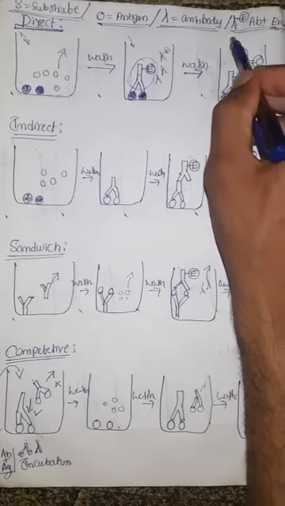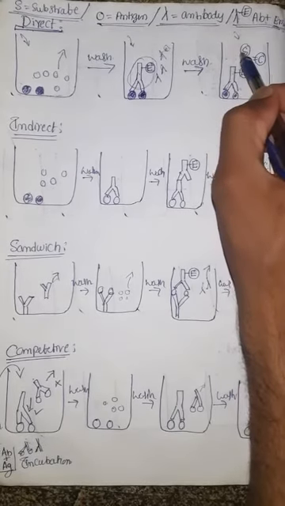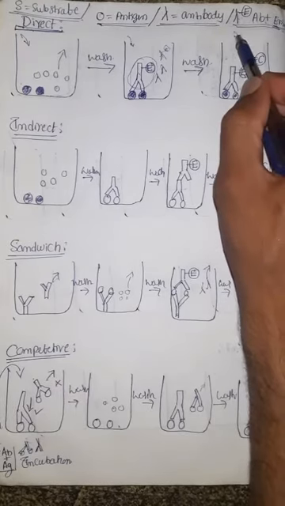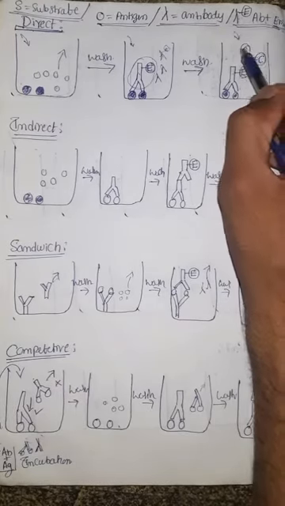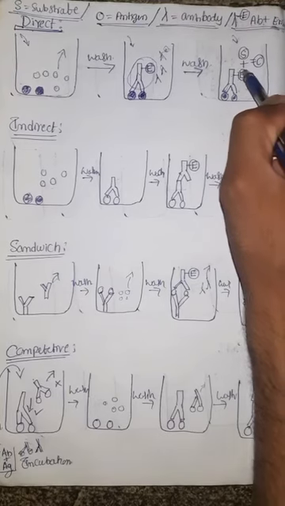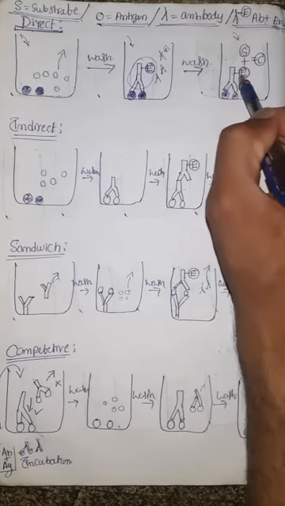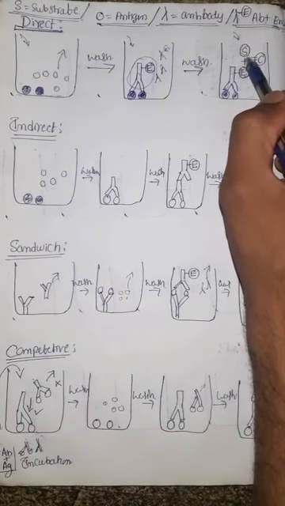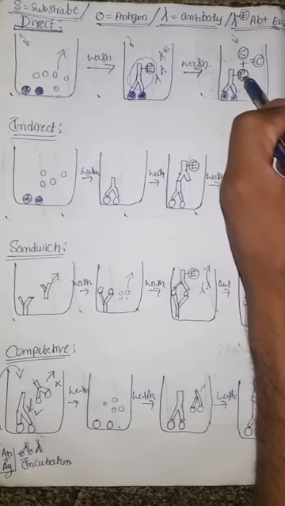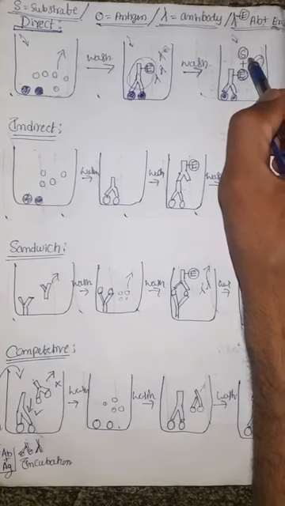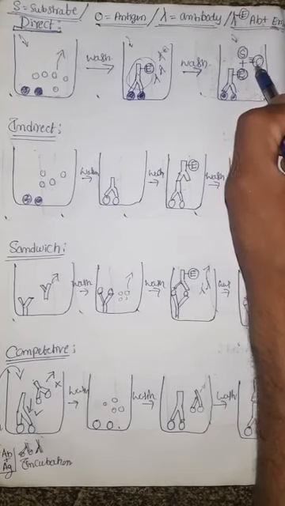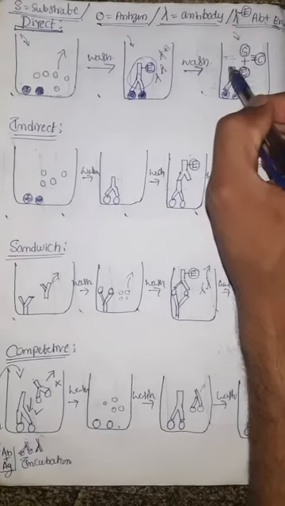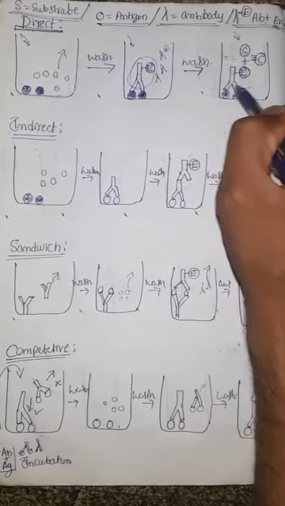For this we have to add substrate solution. Okay, after adding substrate solution, the substrate solution will go and react with the enzyme which is bound to this antibody, so that finally it will give one characteristic color to the entire solution or liquid present in the well.